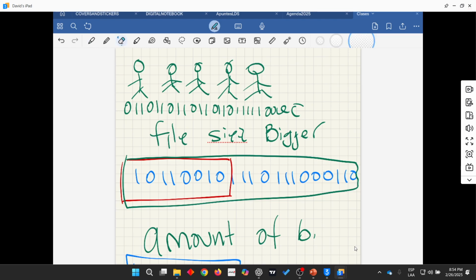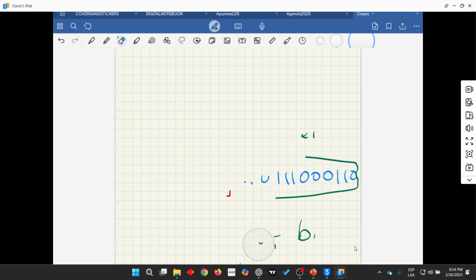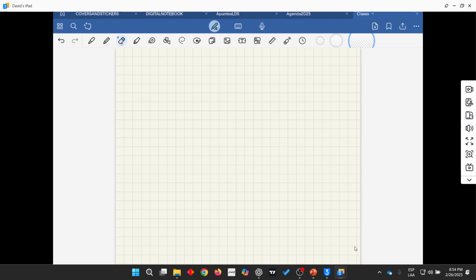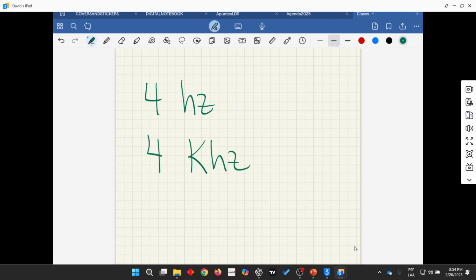Let me once again start deleting all this. So let's suppose that we are talking about 4 hertz. Now we are going to talk about 4 kilohertz. What does 4 kilohertz mean? That means 4,000 hertz.